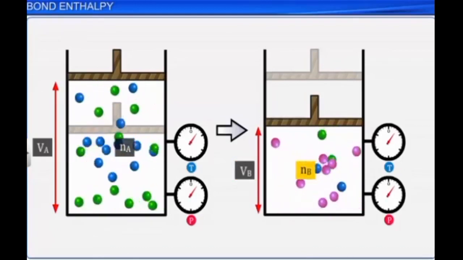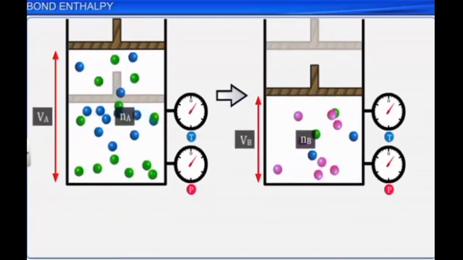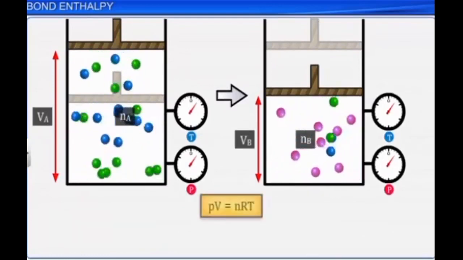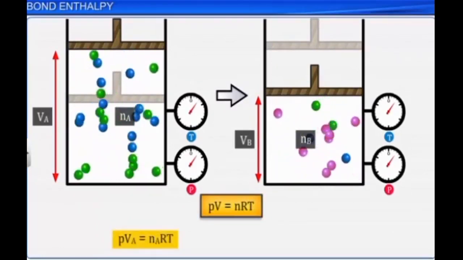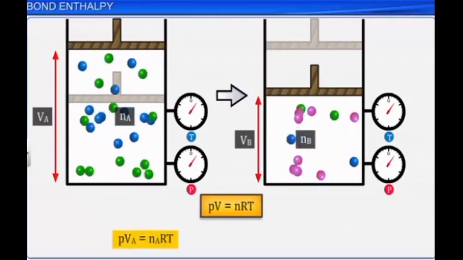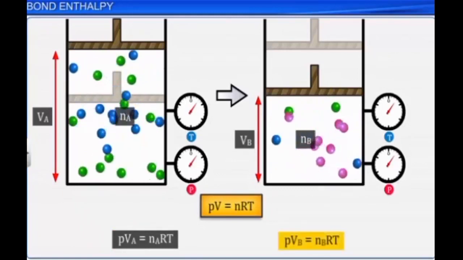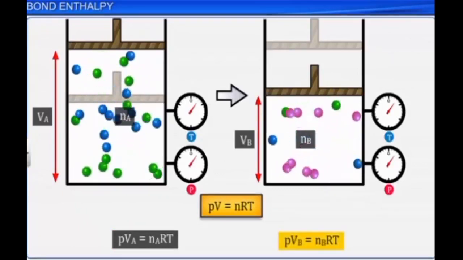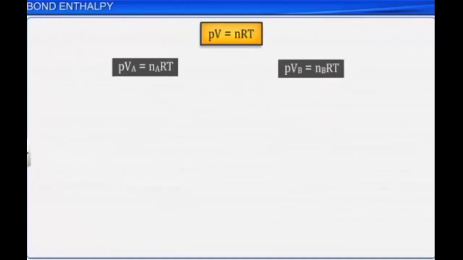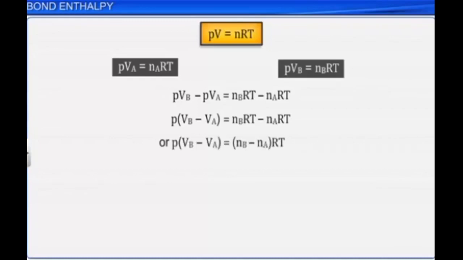We know that according to the ideal gas equation, PV equals nRT. Thus, for the reactants, PVA equals NART, and for the products, PVB equals NBRT. Thus, PVB minus PVA equals NBRT minus NART, or P(VB minus VA) is equal to (NB minus NA)RT.